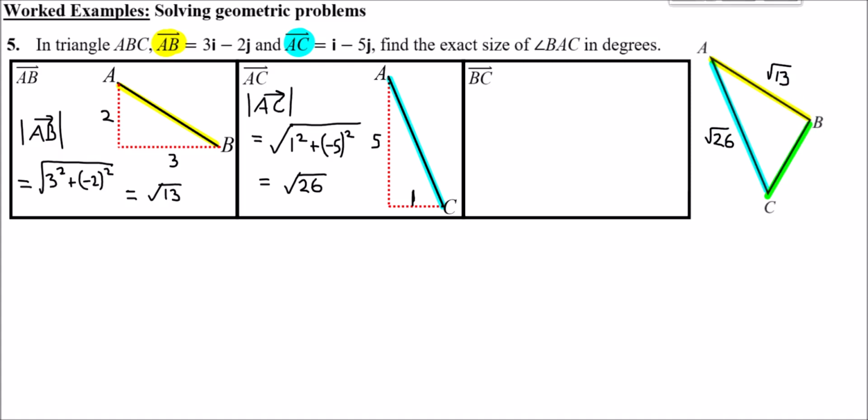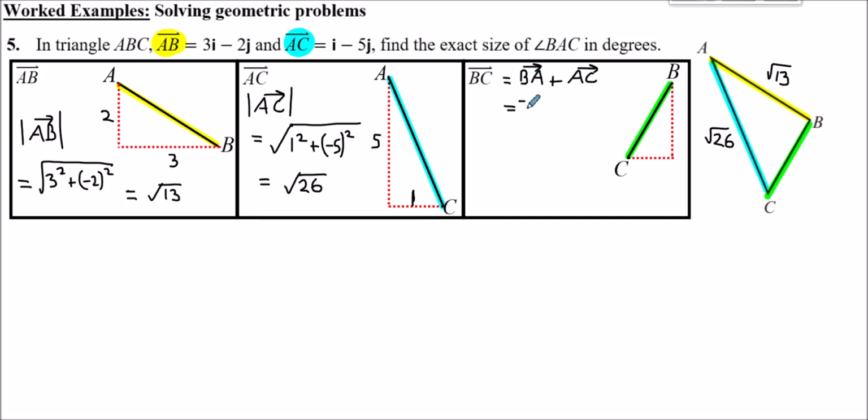Then what we need to think about is from B to C. So from B to C, we need to think about what BC actually is. To go from B to C, what we could do is we could go from B to A, and then when we're at A, we could go from A to C. Now from B to A is the same length, the same direction as AB, but the exact opposite direction.